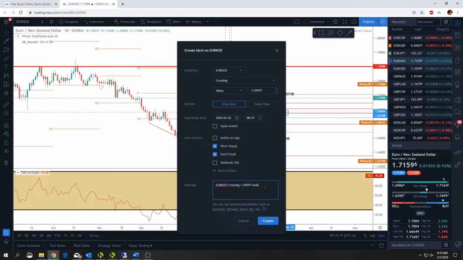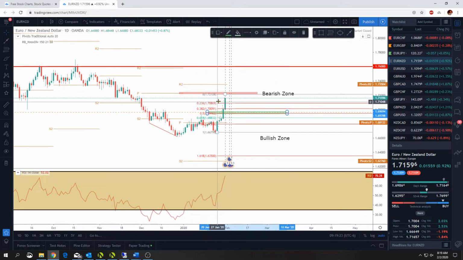Looking to buy. Okay, so if we get a pullback, this is the safer trade, by the way. Let it do its thing, let it come back, and if you are a strictly trend trader, this would be where you're looking to buy.